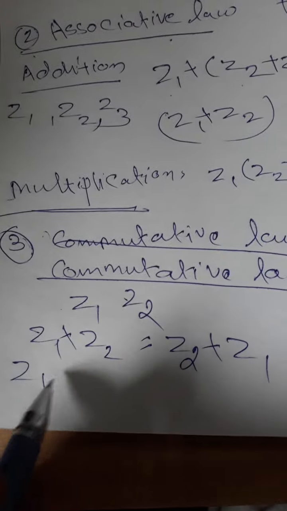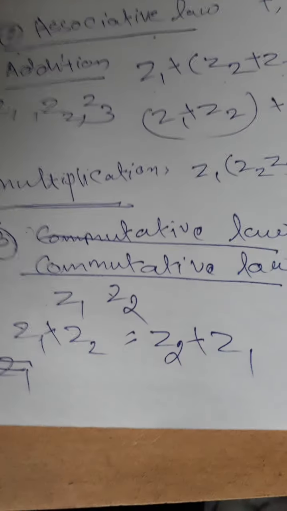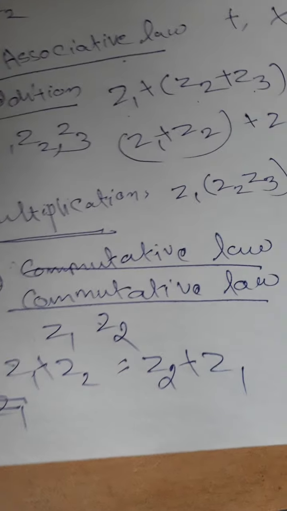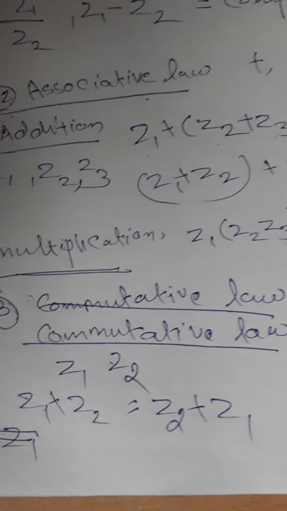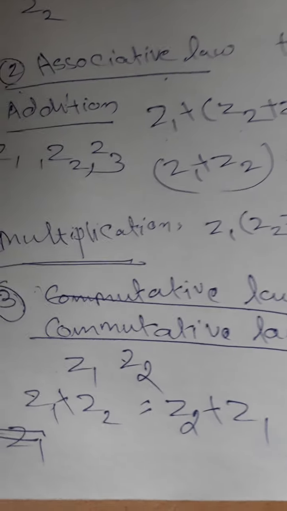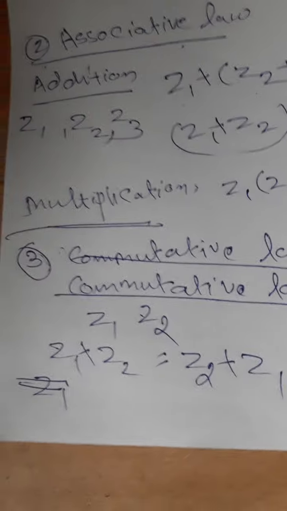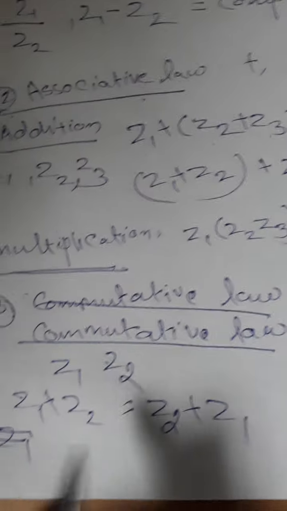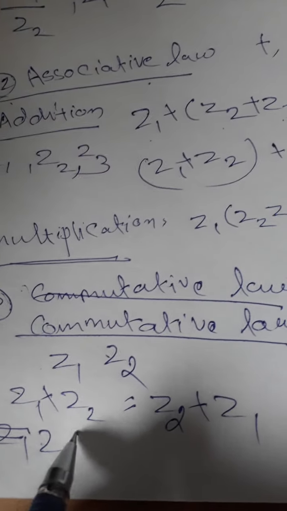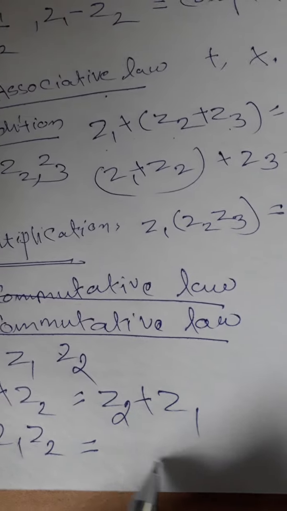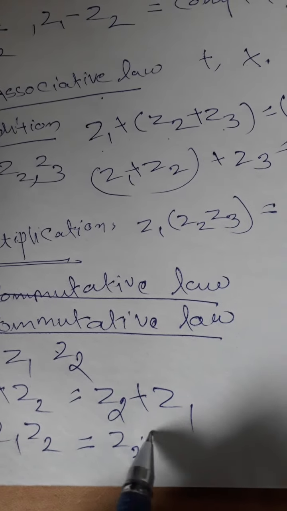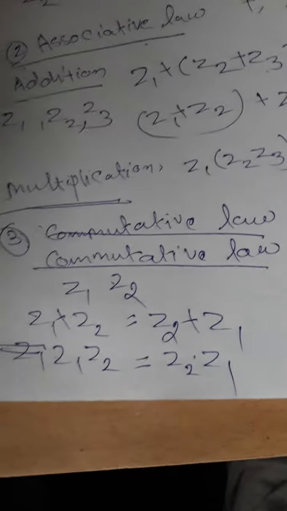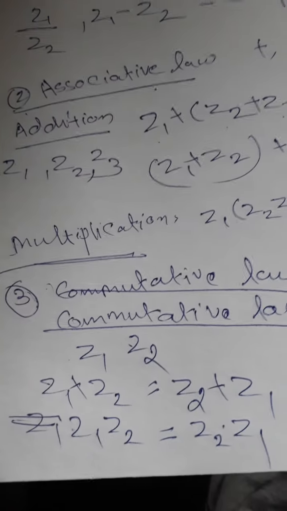Now what about the commutative law for multiplication? Here also it holds good, that is z1 into z2 will be equal to z2 into z1. So here the commutative law holds good.